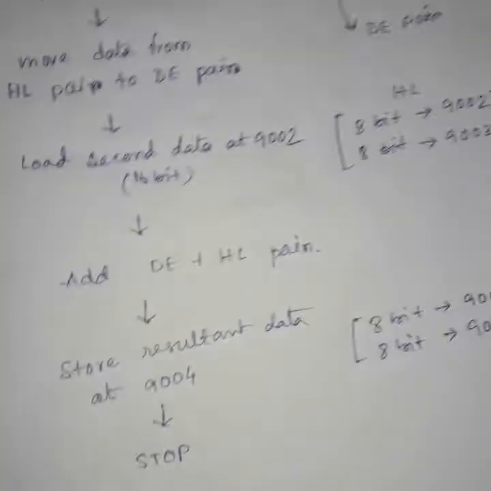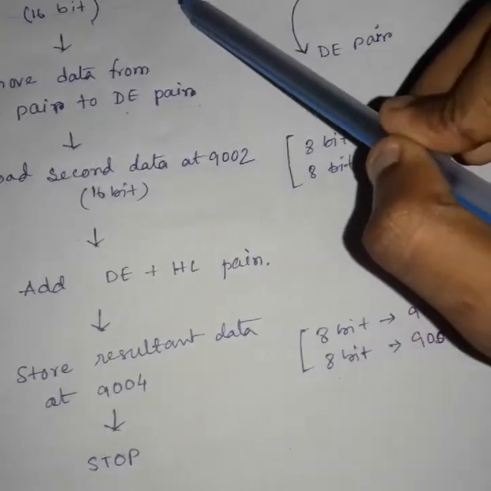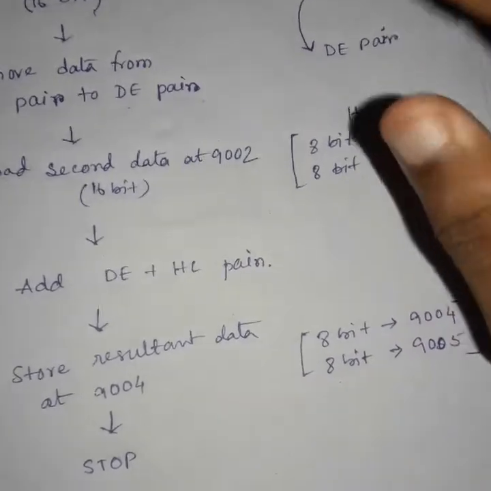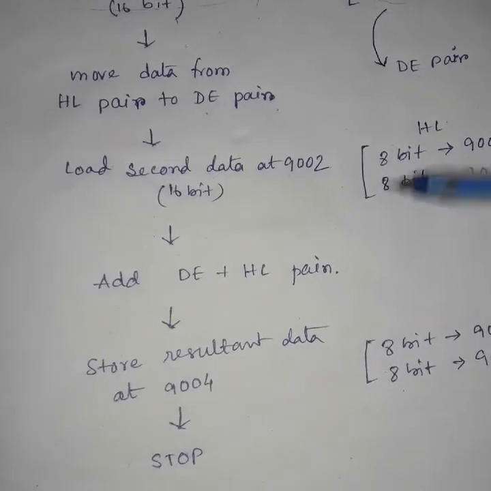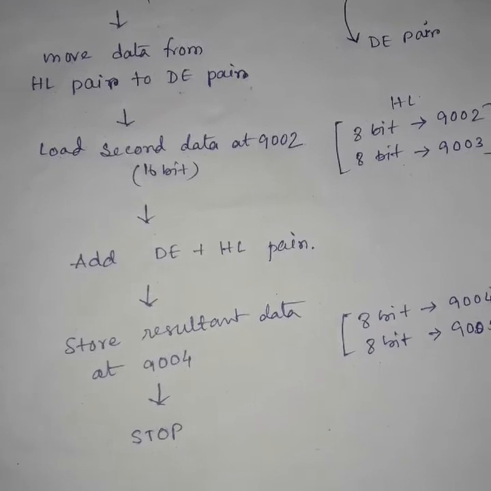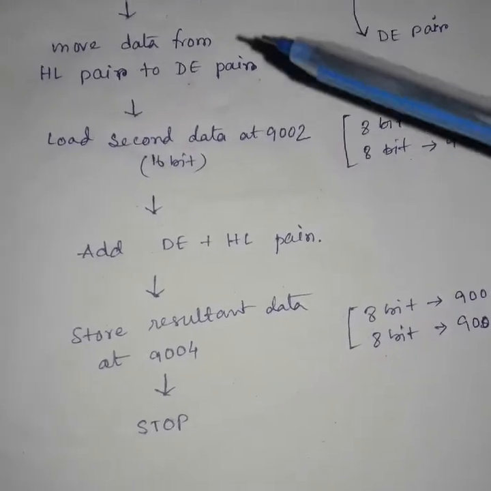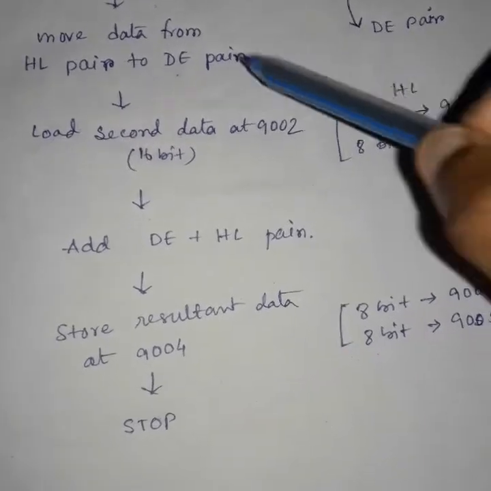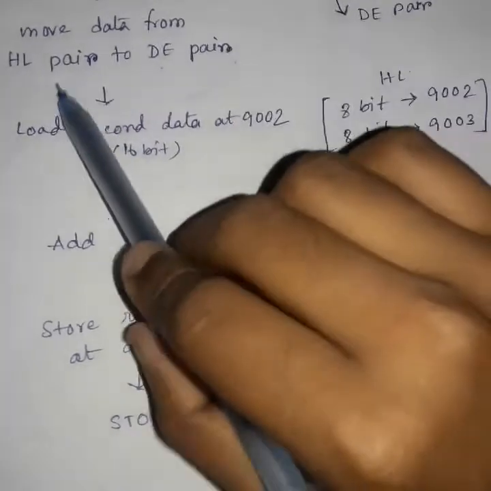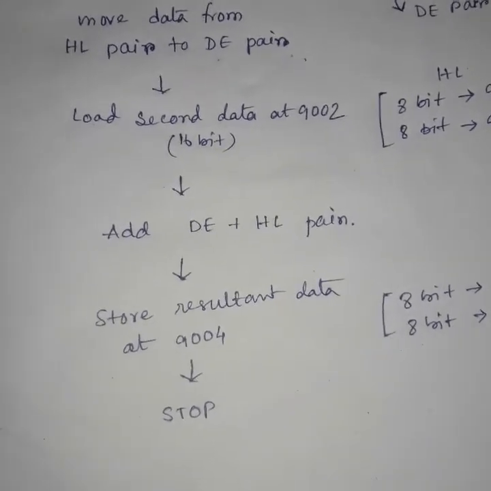So here up to this my HL pair is full. Now we are going to add a second data, so we have to free this HL pair. So move the data from HL pair to DE pair. Now HL pair is totally free.